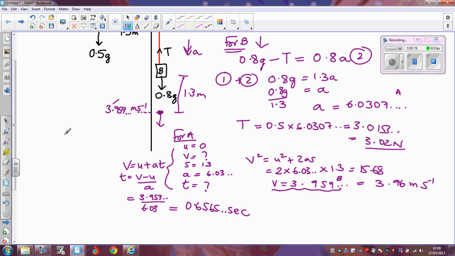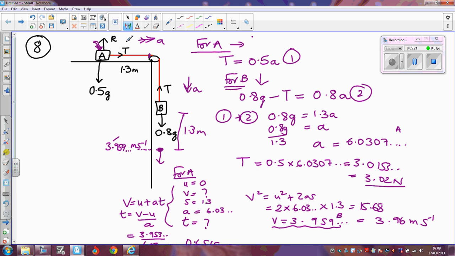That's the time it takes for A to go from here to here, and also the time it takes B to go from its start to this point. So this time here is 0.6565 seconds.